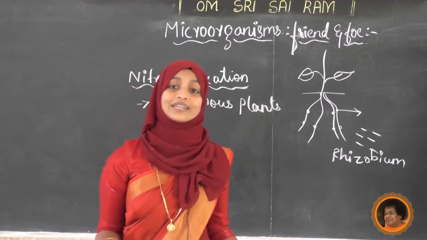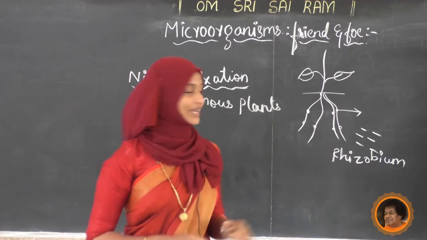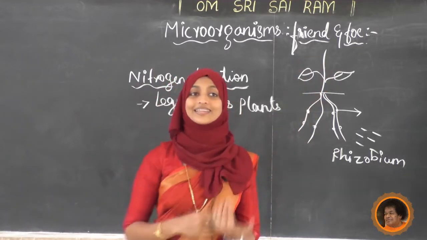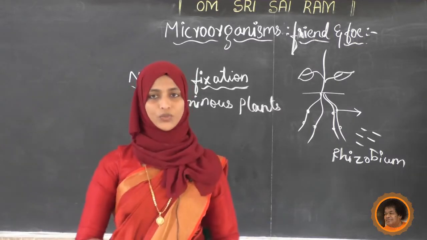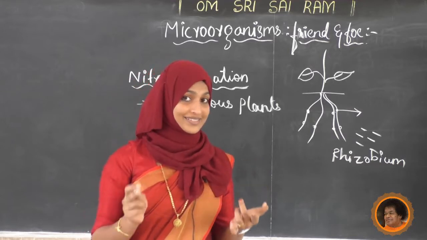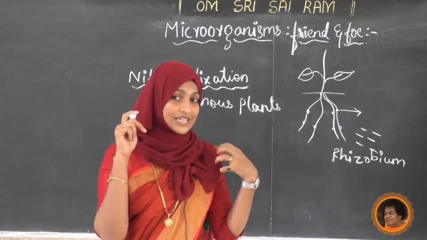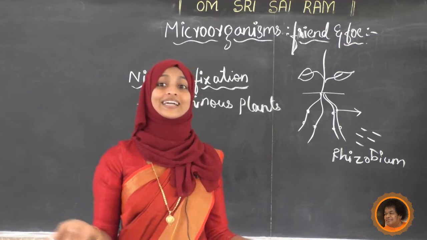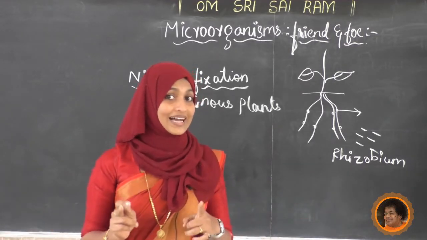Symbiotic means both benefit. Both the bacteria and the plant are benefited by this relationship. There is no harm to us. Just imagine, students, there are lice on our head. We get irritation and diseases because of the lice, but the lice get nutrients from us. But here it is not like that.